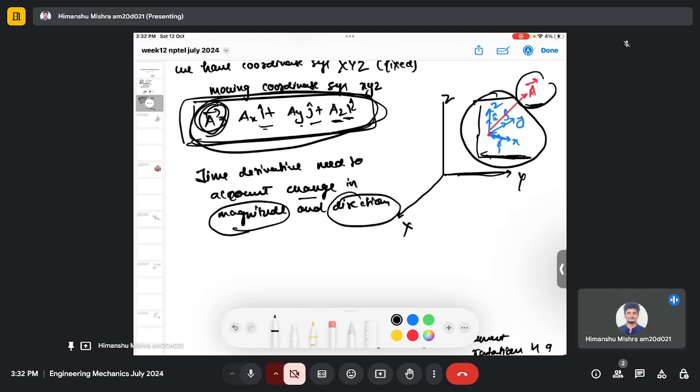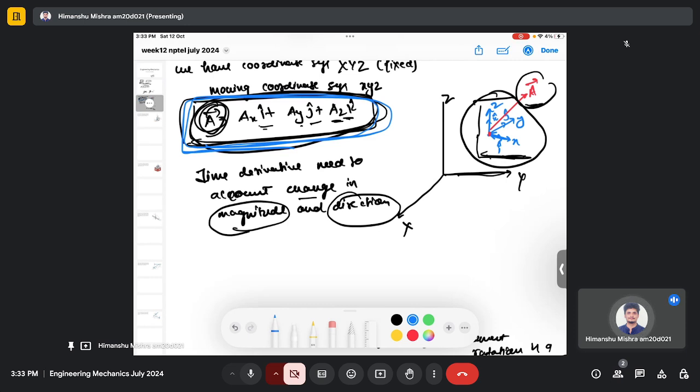But since I have defined this vector in the moving frame, and the frame is moving, which means the frame is changing direction, this vector is changing direction with the frame. So it will only account for the change in magnitude.